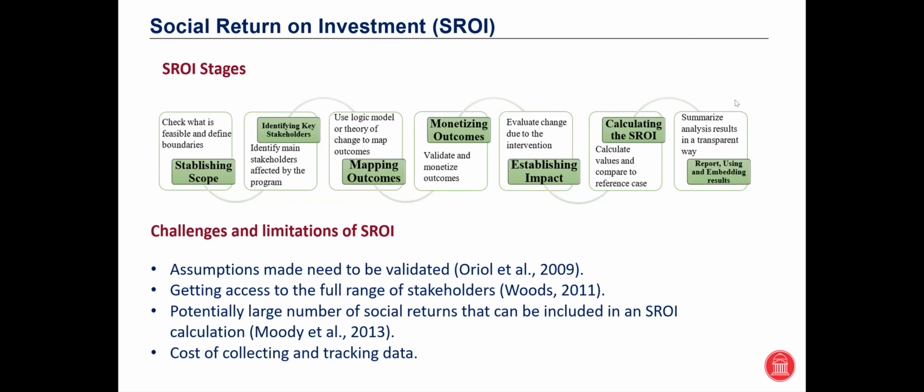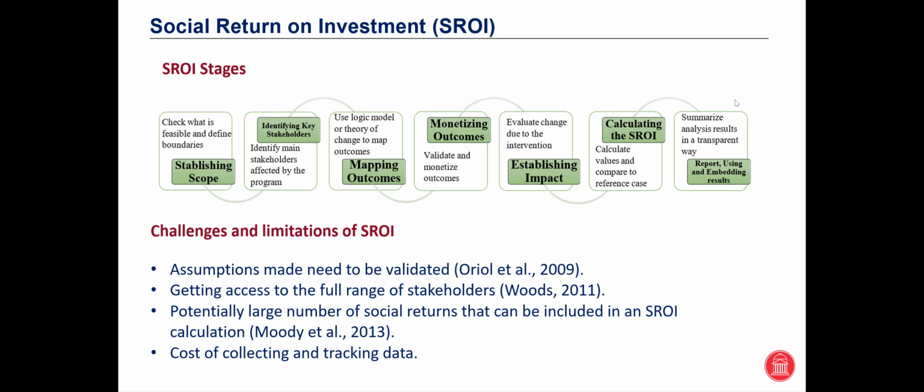SROI actually consists of 7 stages. In the first stage, the scope of the analysis needs to be established. And based on that, stakeholders need to be identified, because one of the challenges associated with social return on investment is that there are many stakeholders that can be involved in analysis, and this makes it difficult to measure all the negligible returns associated with the program.